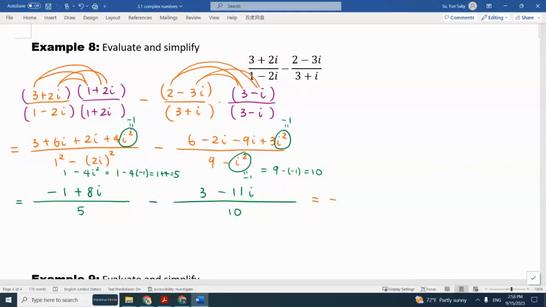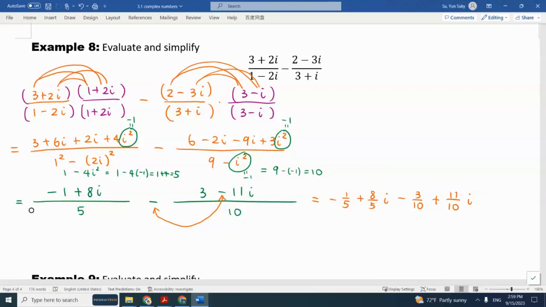So if we split them, this is negative 1/5, and then minus or plus? Yes, because this negative and this negative, when you distribute, they cancel and become plus 11/10i.